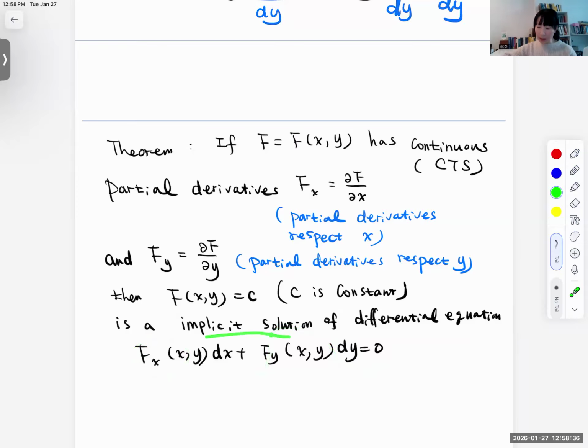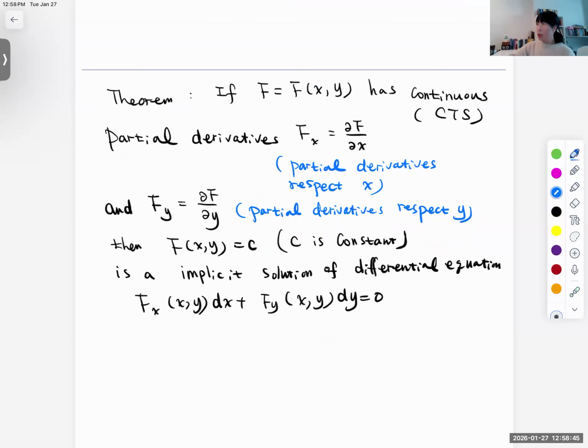So we had implicit solutions before. In general, we cannot express them as y, for example when we have too many y's, so we cannot solve for y. But not all the time. Let me write down x squared plus y squared equal to 1.